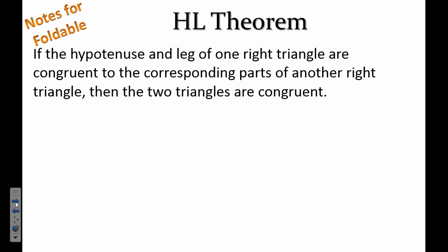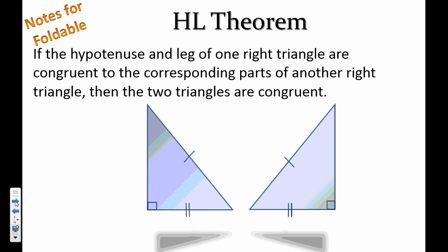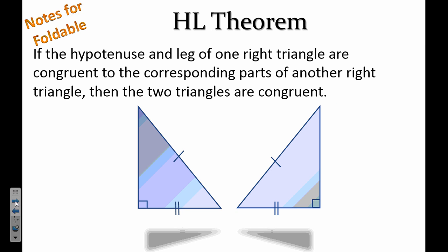If the hypotenuse and a leg of one right triangle are congruent to the corresponding parts of another right triangle, then the two triangles are congruent. So there's our example figure. We have two right triangles.